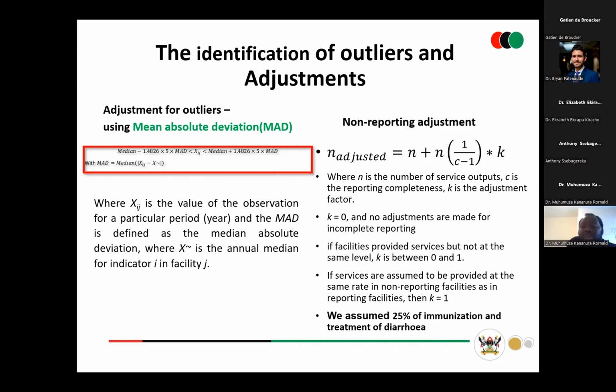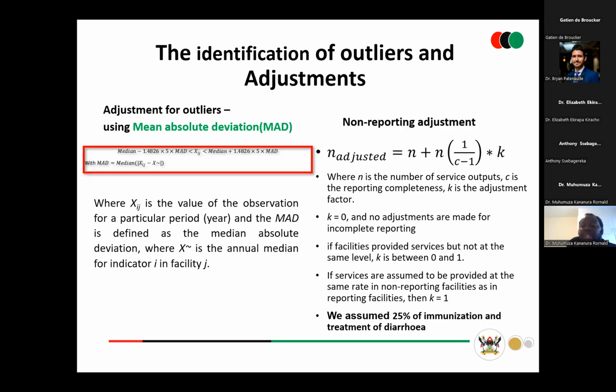And we also know there are issues of non-reporting. For instance, we know usually only a few of the private facilities report. And so the adjustment was based on that formula, but also based on what we know in terms of where the population always accesses services from.